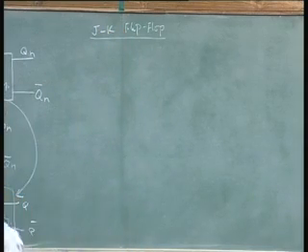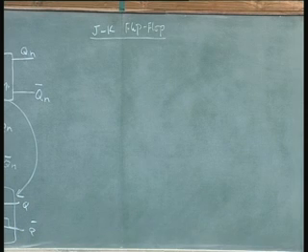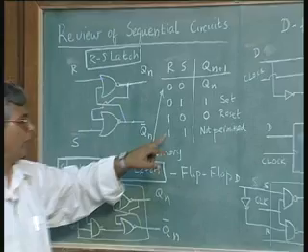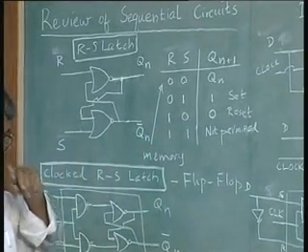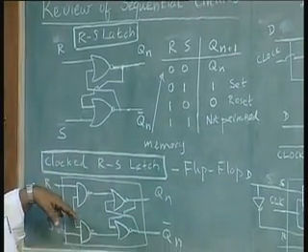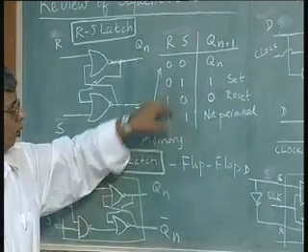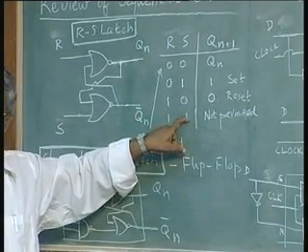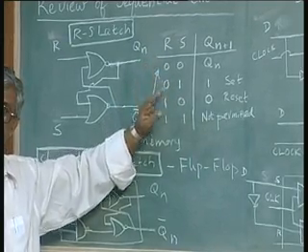See, the problem with the SR flip flop is that if one of the conditions, in this case 1 1, for an RS flip flop or SR flip flop, whatever, the 1 1 condition is not allowed because I said it leads to undefined operation afterwards.